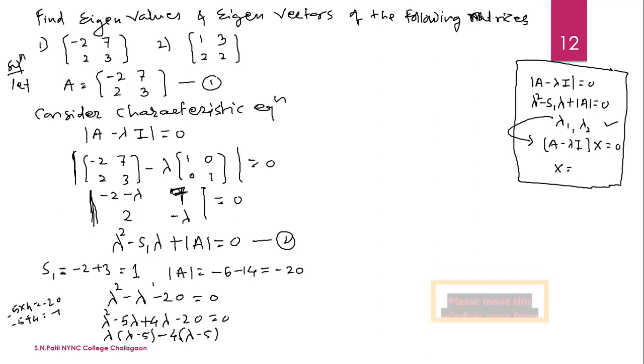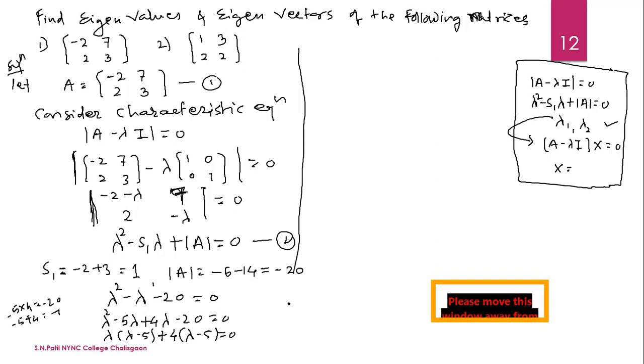You can verify: 4 lambda and 4 into 5 is 20. Lambda minus 5 is common, so the remaining is lambda plus 4 is equal to 0.